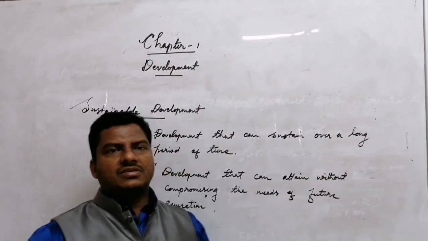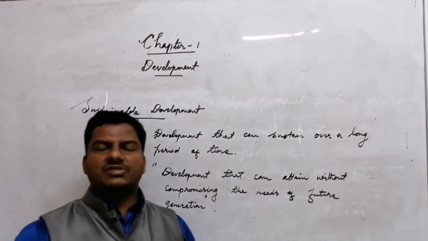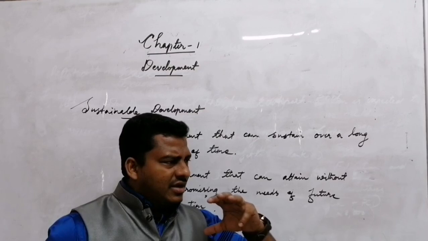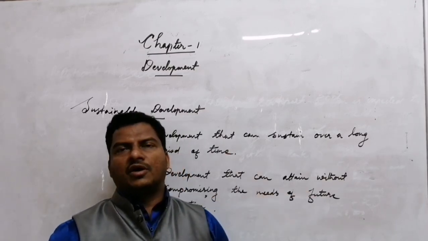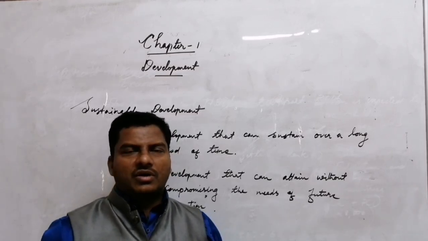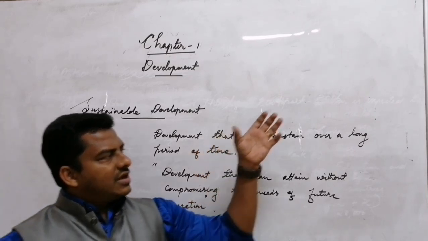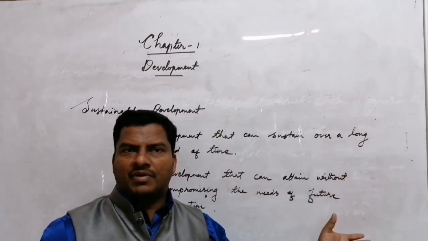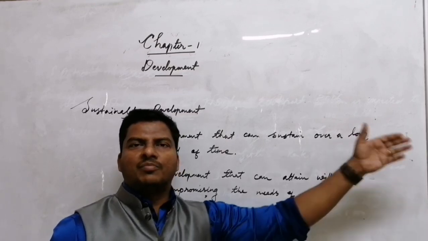The indicators like per capita income, HDI, PQLI, physical quality of life index, all these indicators we are using to measure the economic development of a country. But the question almost all countries of the world are facing right now is that after attaining economic development, whether they can maintain that development over a long period of time.